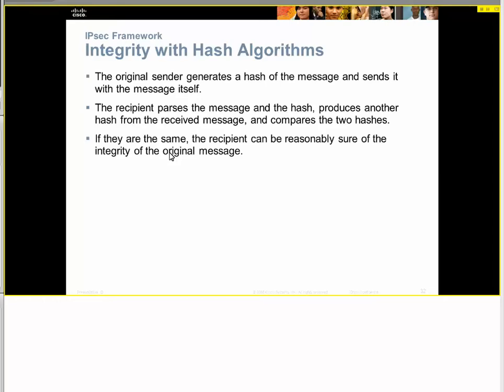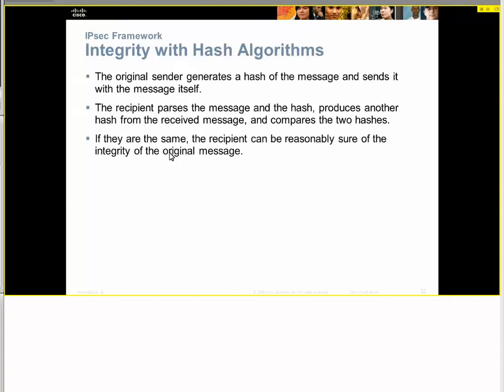The other end takes the packet and the hash, puts the hash to the side for a second. It knows what the algorithm is, and it knows the secret key that was used. So it takes the packet, combines it with the secret key that it already knows, and the algorithm that it already knows, and basically duplicates the hash creation.